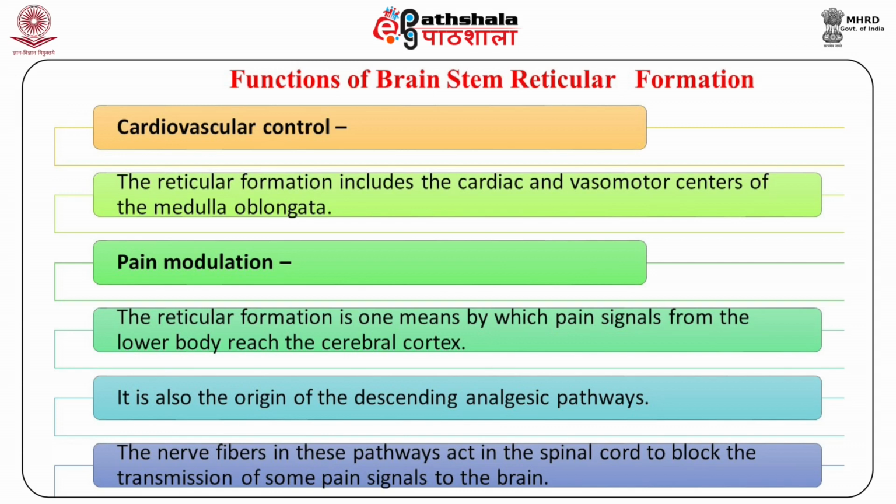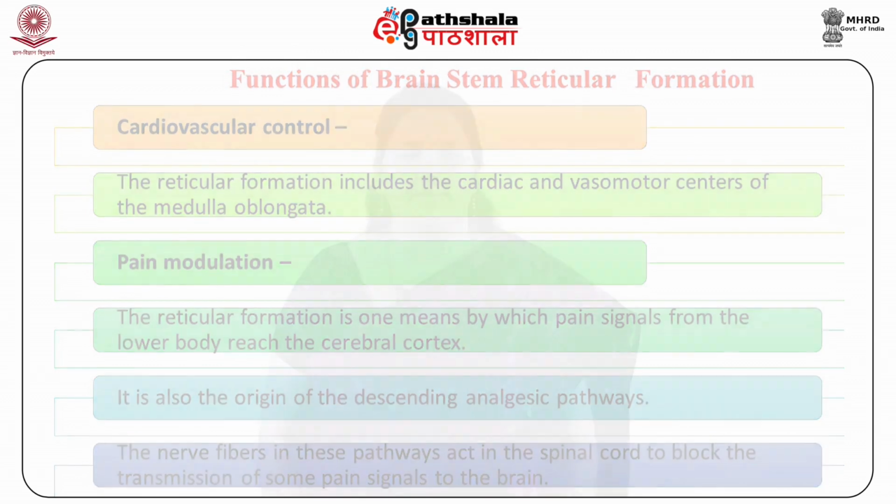It is also the origin of the descending analgesic pathways. The nerve fibers in these pathways act in the spinal cord to block the transmission of some pain signals to the brain.